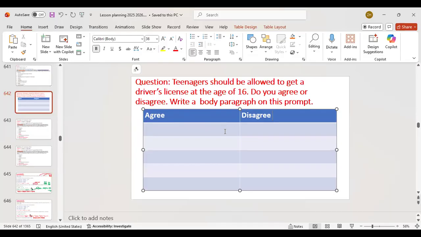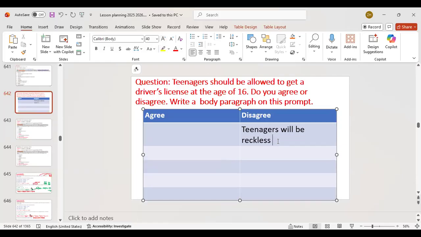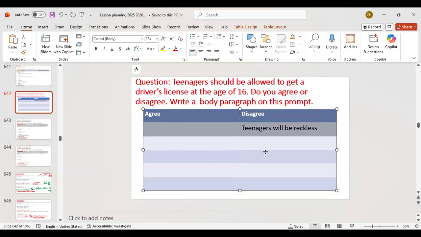It gives responsibility and independence. Okay, let's talk about disagree. For people who disagree, why do you disagree? I think they will use it for other purposes instead of useful purposes, like going against their parents, or skipping school. Teenagers will get into accidents if they get in an accident. So they're saying that teenagers will be reckless.